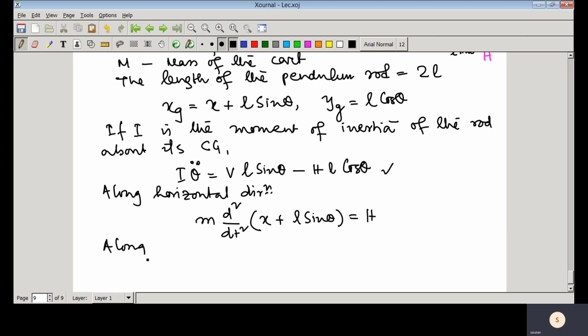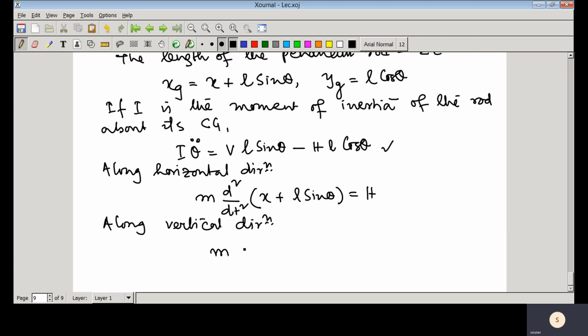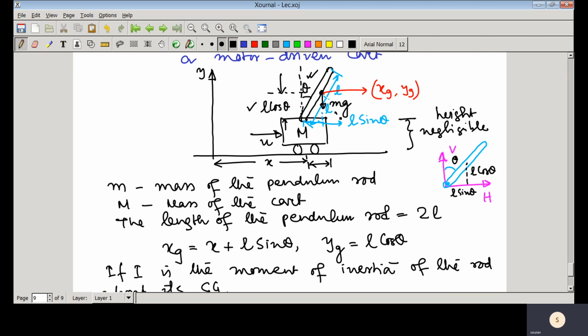Along the vertical direction, we have another equation, where the displacement is L cos theta. So that is V minus mg, because mg is acting along one direction and V is along the other. Here this is V, and along this direction you have H.